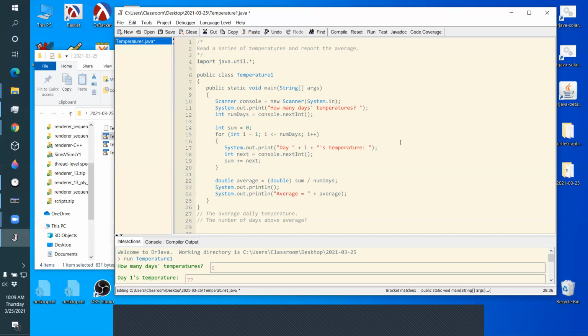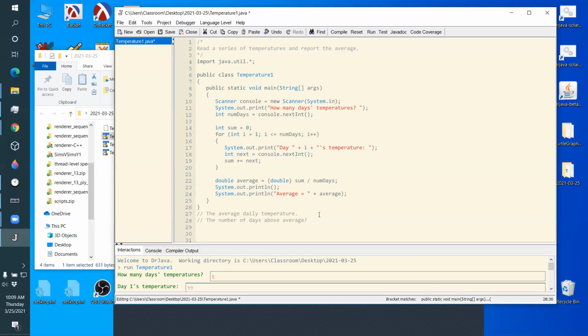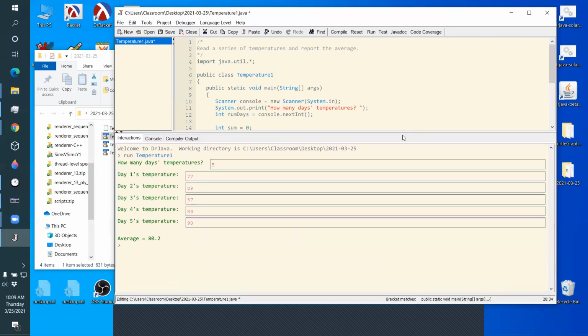Look at the code and think, what would I need to do to say how many days were above average? If I look at this example I just did down below, the average was 80: below average, above average, below average, above average, above average.